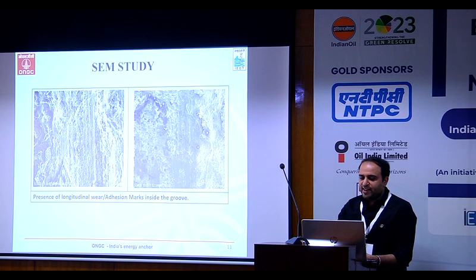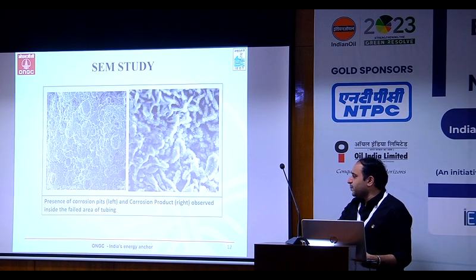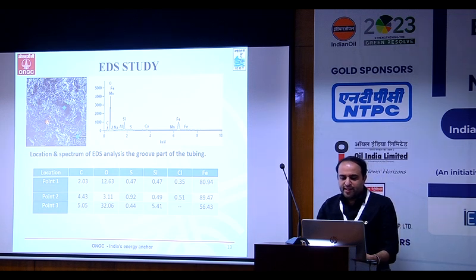The failed area was also observed under a scanning electron microscope, and again there were longitudinal wear marks in the groove. Apart from that, corrosion product and pits were observed. In the EDS study, the elements observed were majorly oxygen, silicon and chloride. The silicon is present because of the presence of sand.